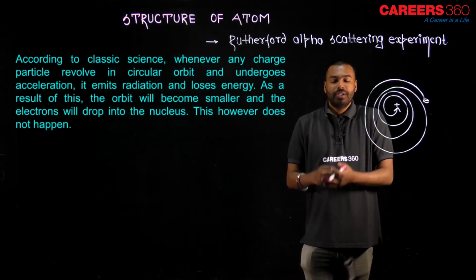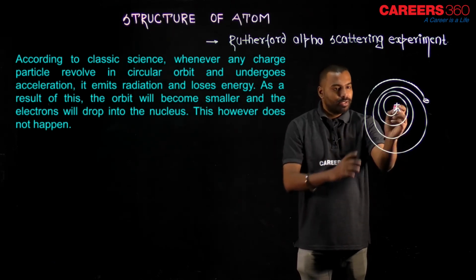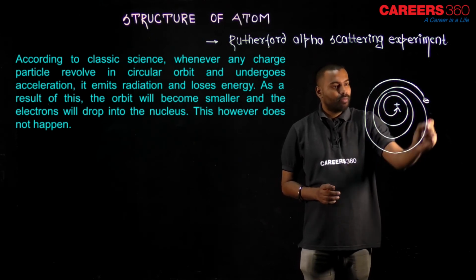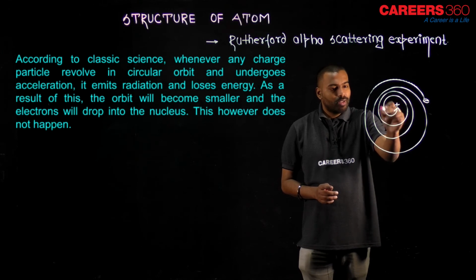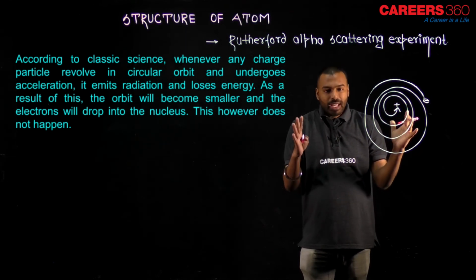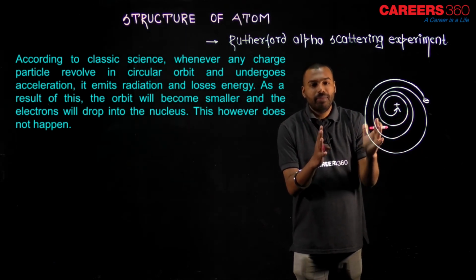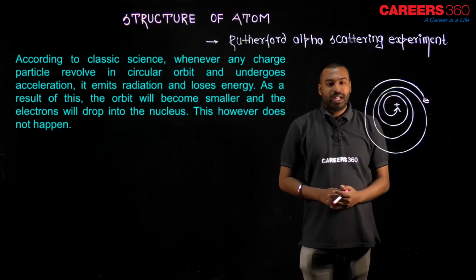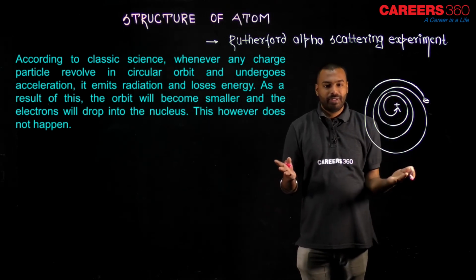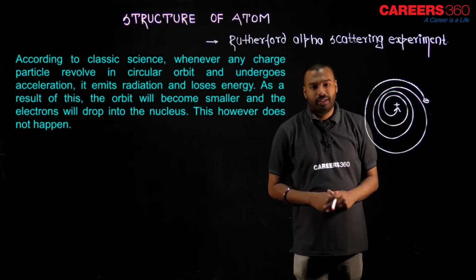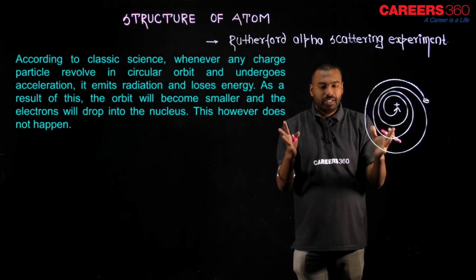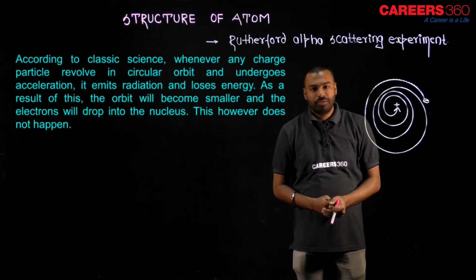As a result, the orbit would get smaller: at first this size orbit, then a bit smaller, then a very small orbit. The orbit size would keep decreasing and the electron would hit the nucleus at some time, but that never happens. So Maxwell's theory is not fitting here. That is why this is the demerit of this model.